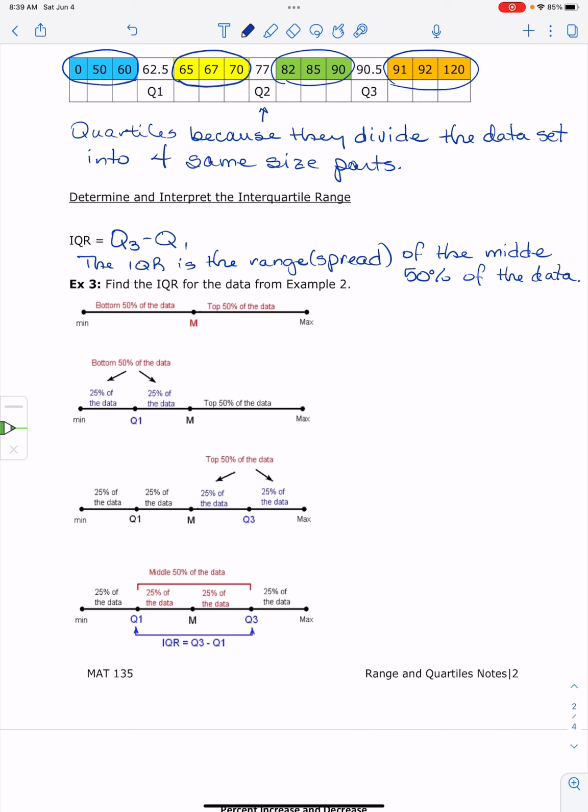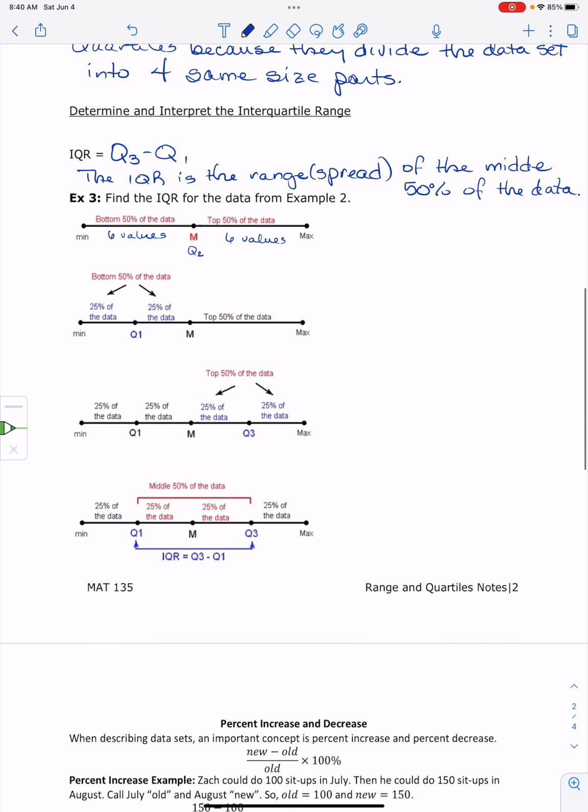Real quick visual representation at the bottom. We want to find that interquartile range. Just a reminder from above, when we split at the median, which is our Q2, we had 6 values below and 6 values above. We took the bottom half of the data and we split that with Q1.